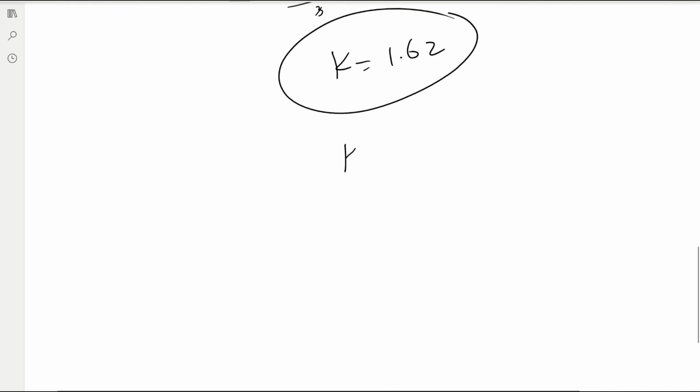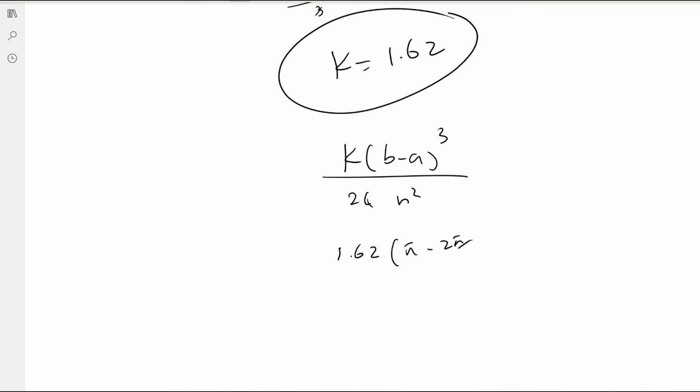Now you can find the error bound. It's k times (b minus a) cubed over 24n squared. This is 1.62, b minus a is pi minus 2 pi over 3, cubed, over 24, n is 3, so 3 squared. If I use the calculator, I am going to get 0.0086.